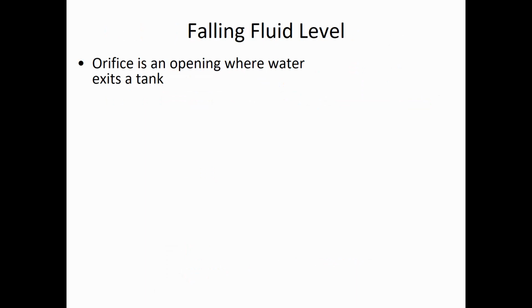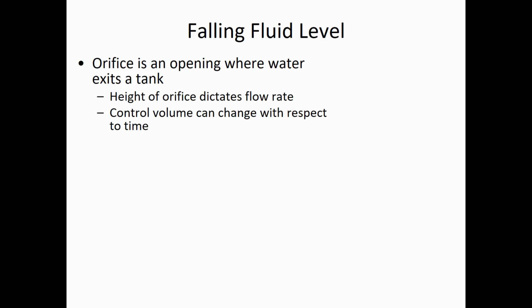Yesterday we took a look at the orifice equation. And remember, the higher the liquid level got in that container, the higher the velocity of discharge was. So the height of the orifice dictates the flow rate, because as the water height increases, the pressure goes up.